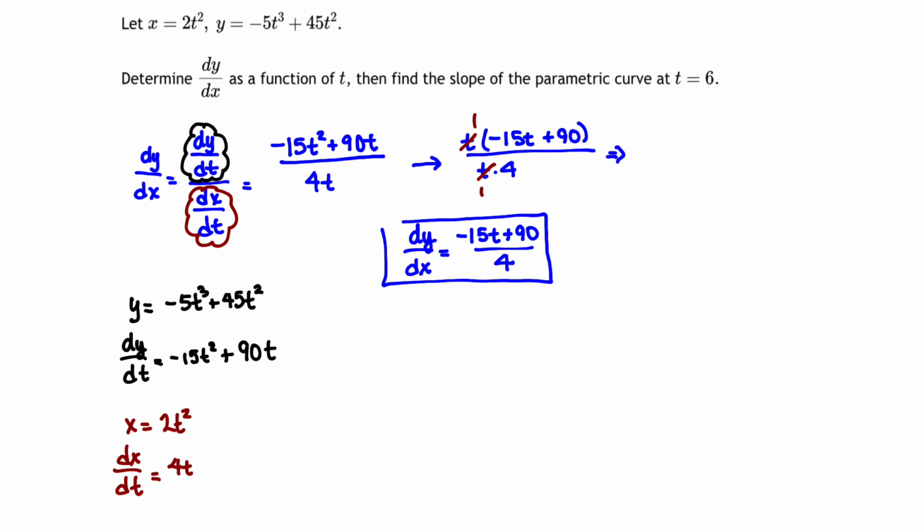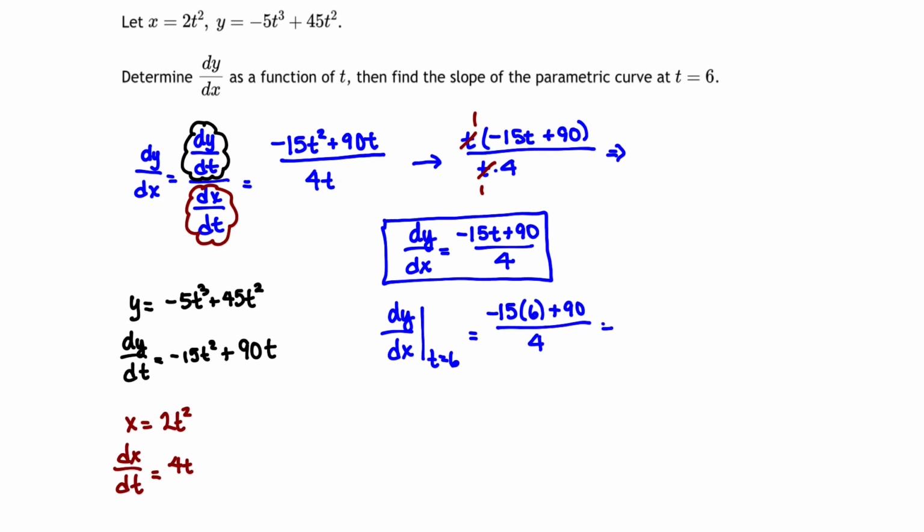Now, if I wanted to find the slope of the curve at t equals 6, well, let me use the notation, the derivative of y with respect to x when t is 6. We plug 6 into our first derivative function, and that's going to give us negative 15 times 6 plus 90 divided by 4. Simplify this up a little bit. That's negative 90 plus 90 divided by 4.